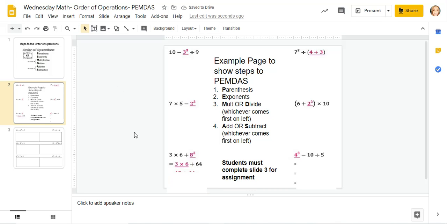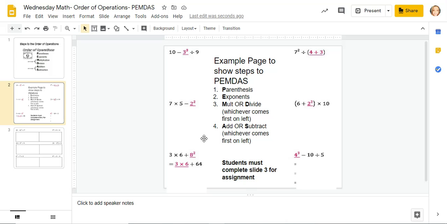Okay, so if you said 8 to the power of 2 was the first one, you're correct. So that would have been 64. And then you bring down your 3 times 6 plus 64. Now, which one comes next in our order here? Multiplying or adding? Well, adding or subtracting always comes last, guys, unless it's inside of a parenthesis.